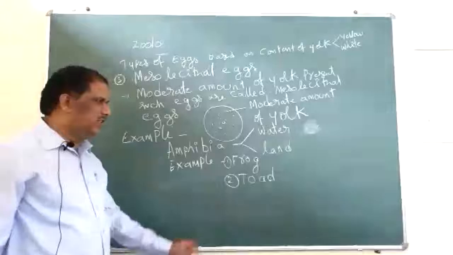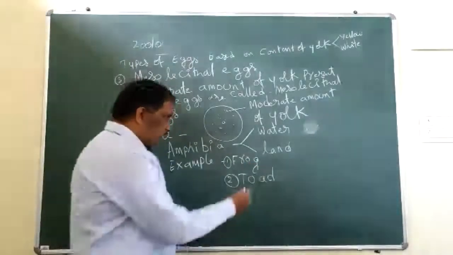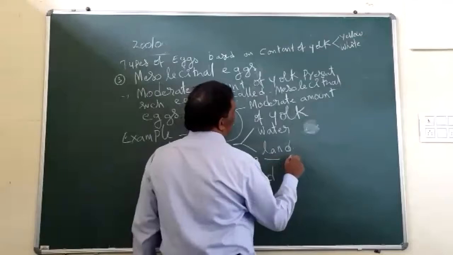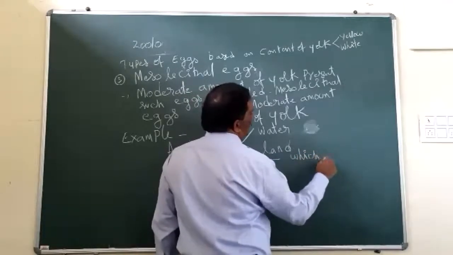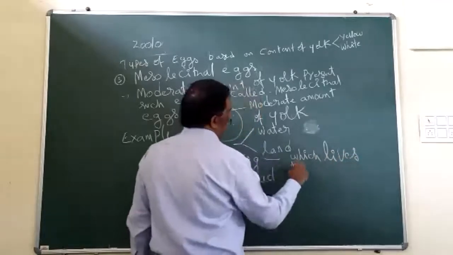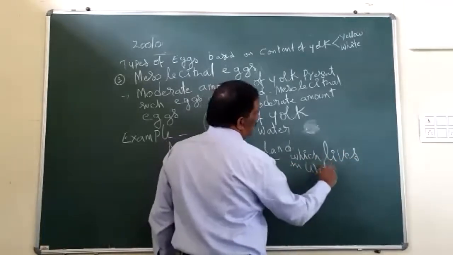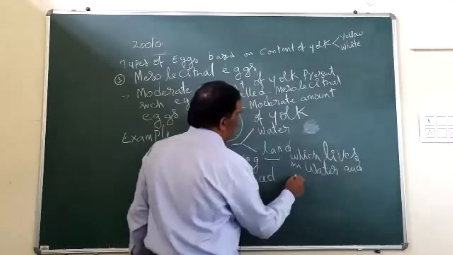What is the difference between the frog and toad? A frog lives in water and on land.